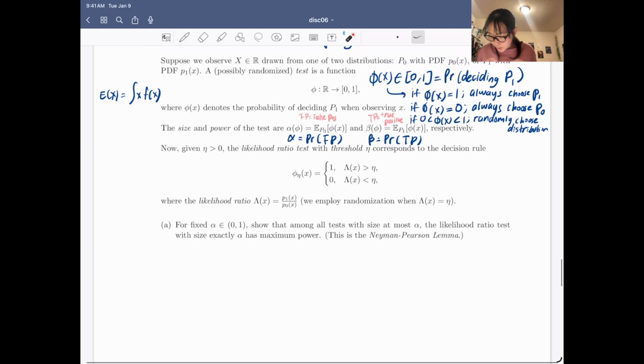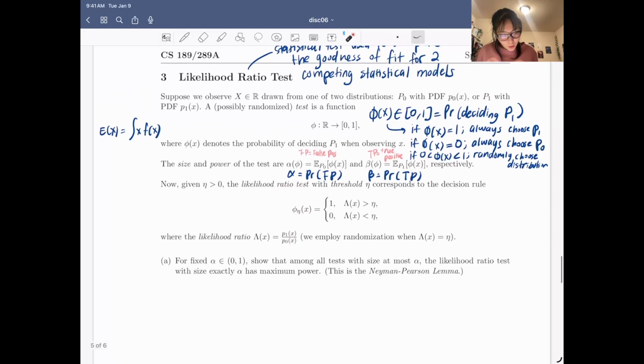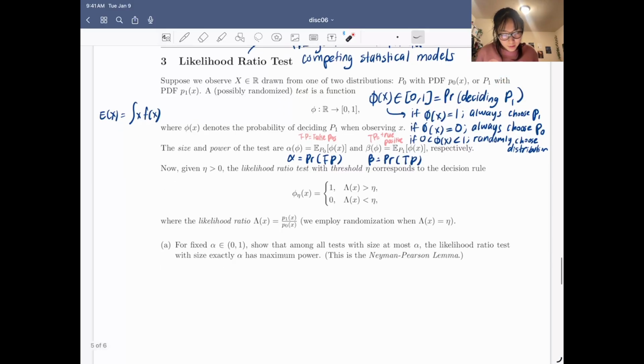And so over here, another way to think about this relation is that phi of x is a very specific likelihood ratio test. A general test basically outputs some number between 0 and 1, and it's the probability of deciding that the P1 distribution is the distribution that x came from. Now this likelihood ratio test is a very specific test.